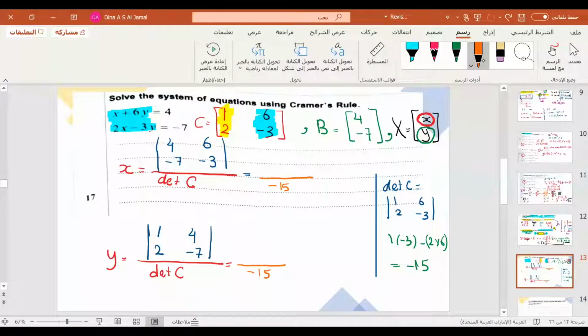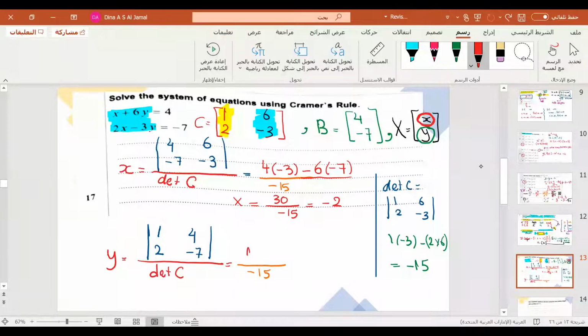Now your numerator, you have to find it again. 4 by -3 minus 6 by -7, which will be 30 over -15. That means your x is equal to -2.